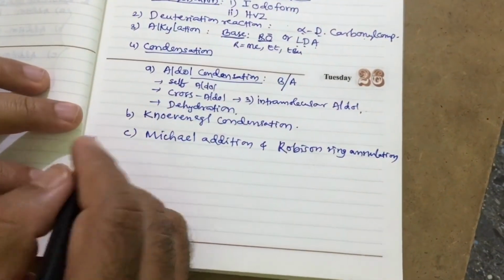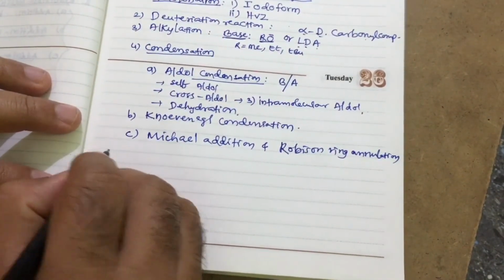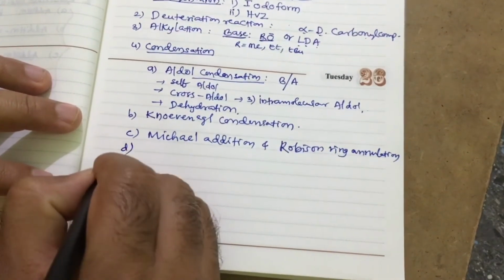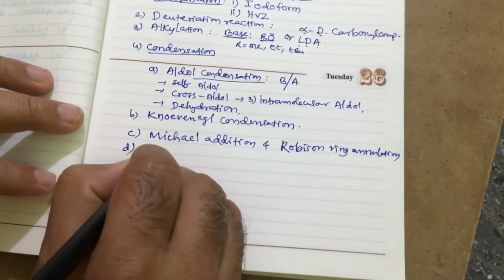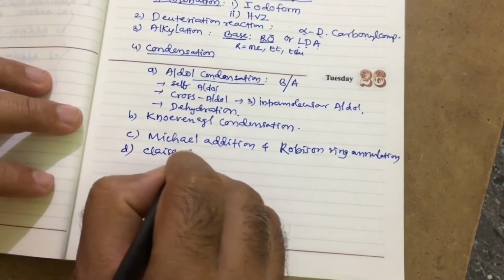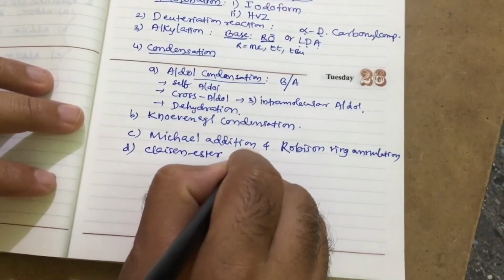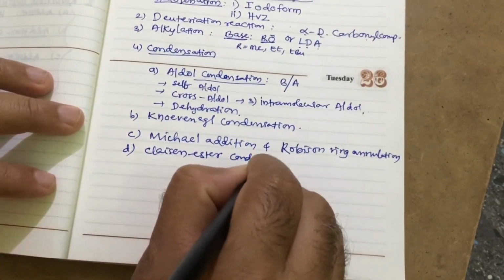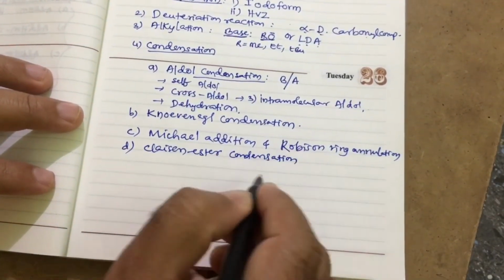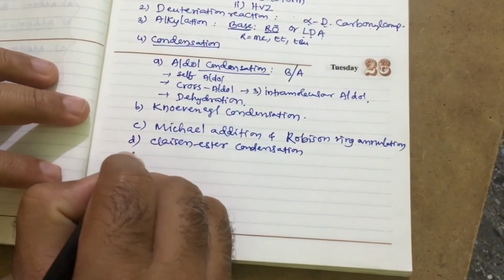These are also condensation reactions. Next, D, the Claisen ester condensation reaction. This is one of the variants of the Dieckmann condensation reaction.